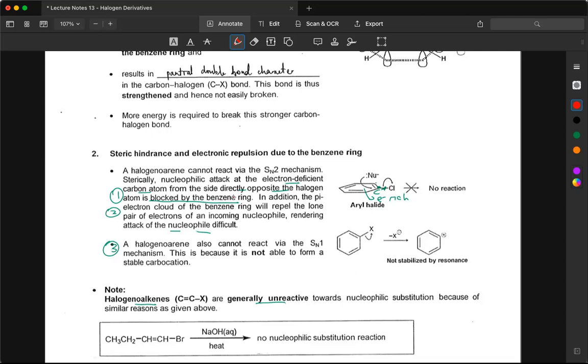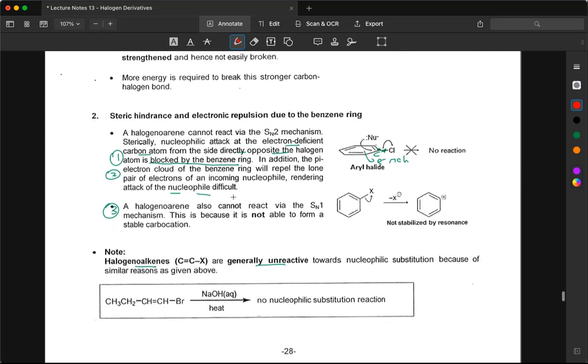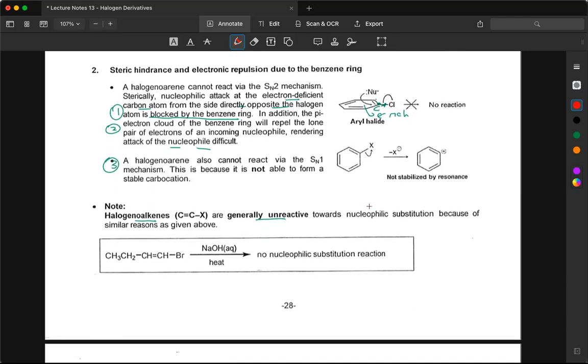The pi electron cloud is also repelling the nucleophile. The halogenoarene also cannot react via SN1 because it cannot form a stable carbocation. Yeah, so you cannot stabilize a carbocation with a benzene. So they are not reactive towards nucleophilic substitution.